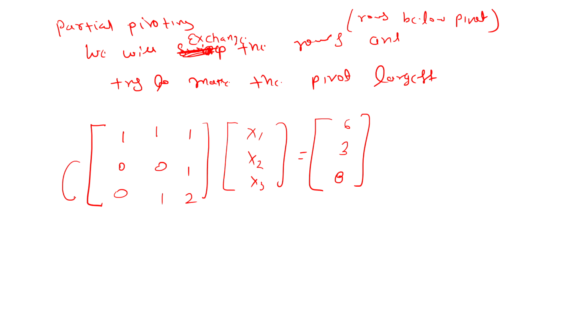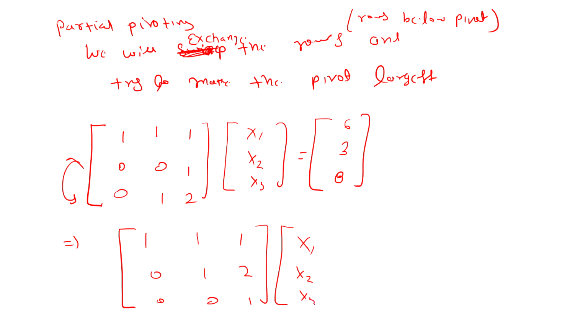So we are exchanging these rows, and then this becomes 1 1 1, 0 1 2, 0 0 1. This row vector x1 x2 x3 is not going to change, and the right side will change to 6 8 3.